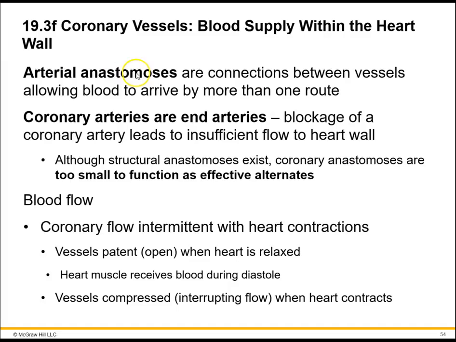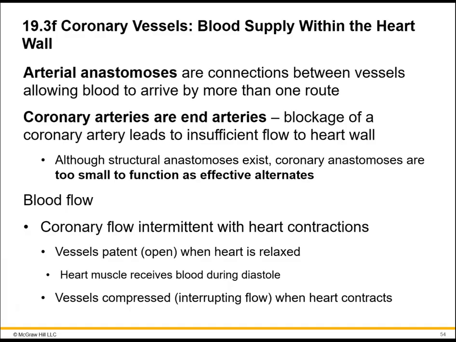Arterial anastomoses are connections between vessels that allow blood to arrive to a destination by more than one route. Coronary arteries are end arteries. That means that the blockage of a coronary artery is going to lead to insufficient flow to the heart wall. An end artery is an artery that once it reaches its destination, it doesn't make connections with any nearby arteries, okay?